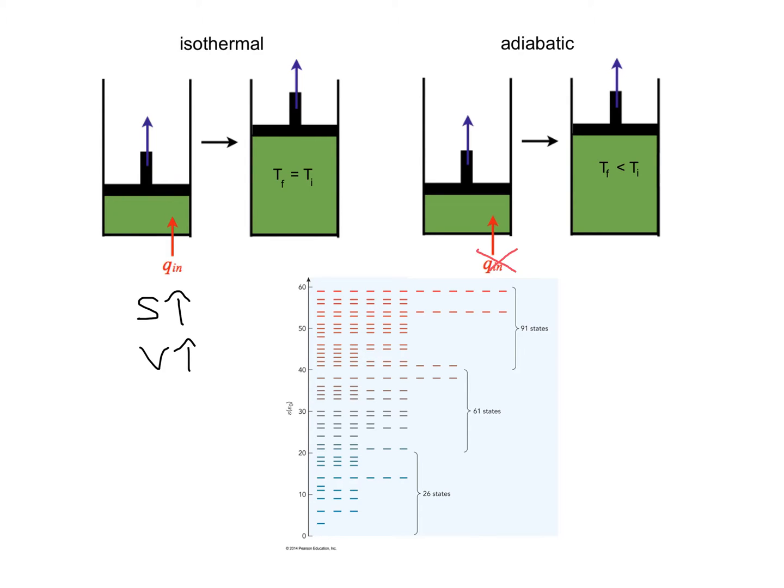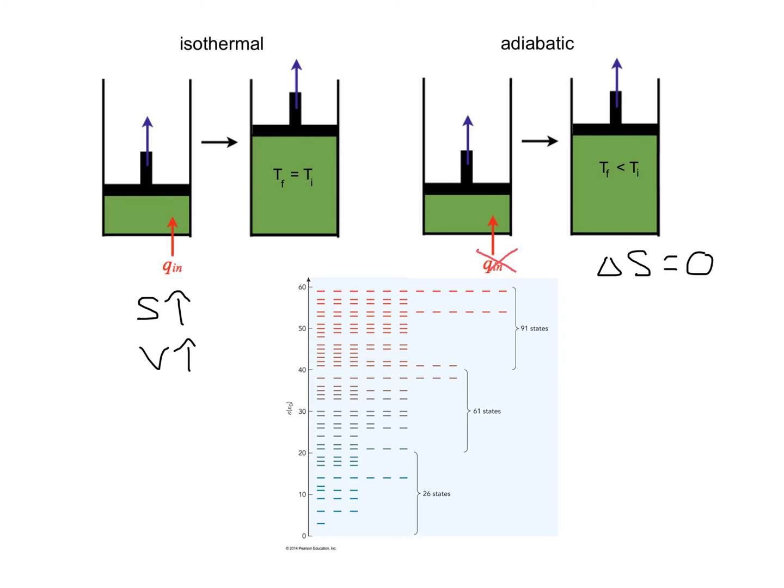The same thing is true in the adiabatic case. However, in the adiabatic case, our final temperature is lower than our initial temperature. When I have a lower temperature, I have fewer microstates that I can access because I have less total energy, kinetic energy in the system. And so the decrease in temperature compensates for the increase in volume, leading to a total entropy change of 0 in this case, because I've done the process reversibly and adiabatically, and the second law tells me that delta S has to equal 0.